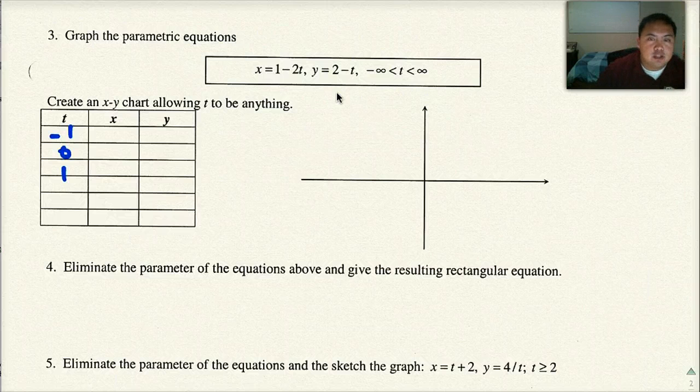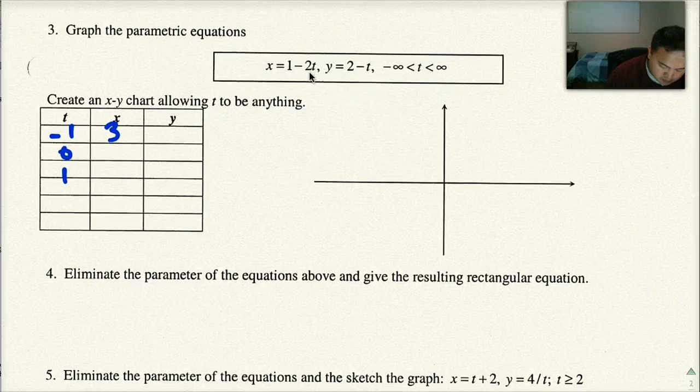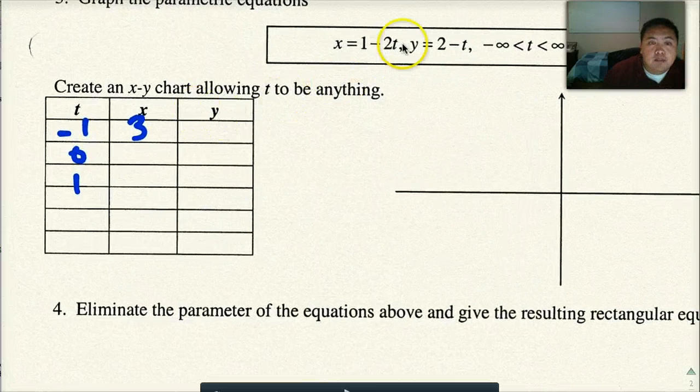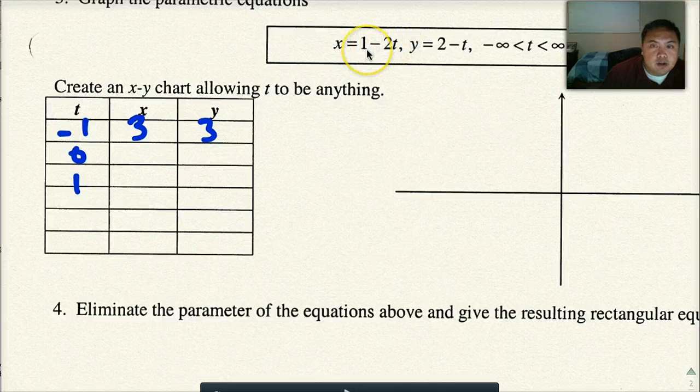So first one, t equals -1. I'm going to plug in -1 here and -1 here. If I plug -1 here, this becomes plus 2. 1 plus 2 is 3. If I plug in -1 here, I get 2 minus a minus 1, which becomes 2 plus 1, which becomes 3. If I plug in 0, this disappears, I get 1.